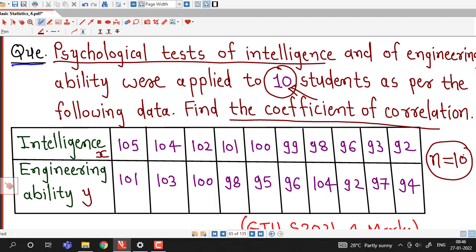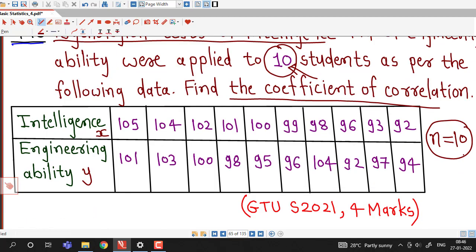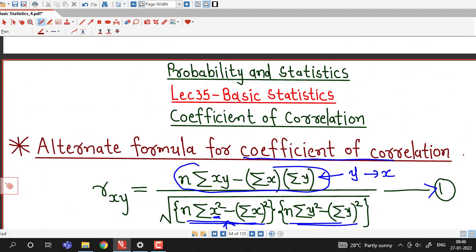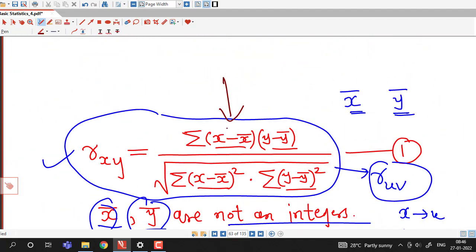Now as usual, if we want to use that formula, original formula is this one. Then we have to compute x bar and y bar. After that we will find out deviations of x and y from their mean.